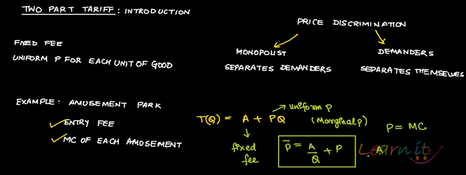Suppose I have two customers, and one is a least interested buyer and the other is a more interested buyer. The least interested buyer would be willing to pay me less, and the more interested buyer would be willing to pay me more. So I will charge this A as the price which the least interested buyer is going to pay me.